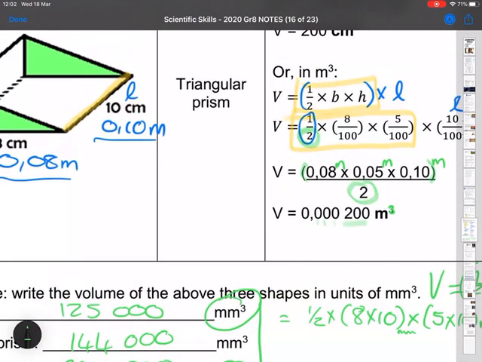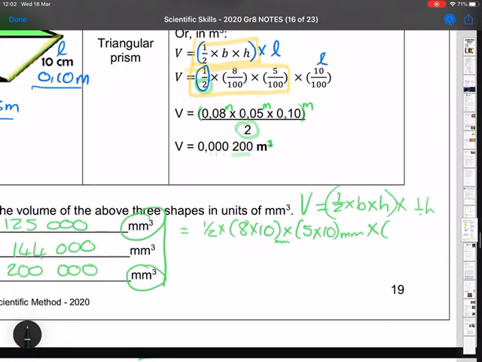And then we need to multiply it by the perpendicular height, or the length, which will be that 10 centimeters. 10 centimeters times 10 gives us 100 millimeters. Okay, so we've got a half, or 0.5, times 80 millimeters times by 50 millimeters times by 100 millimeters.